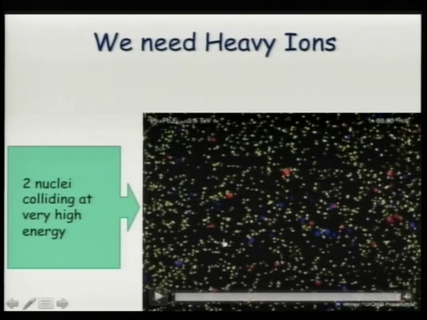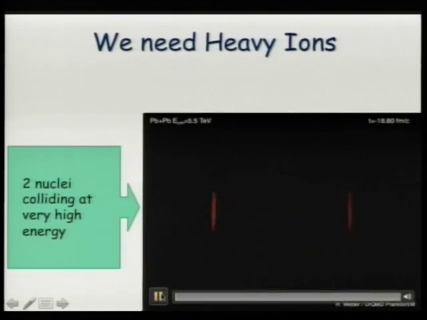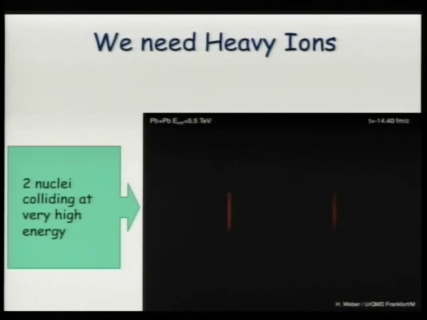But now I have a question to see if you are smart enough. I told you that we use lead ions, so it's a nucleus of lead. In my mind, it is a kind of sphere, a kind of ball. But here, somebody made this picture depicting it as a kind of disk. Is it a mistake, or do you have an explanation for this?